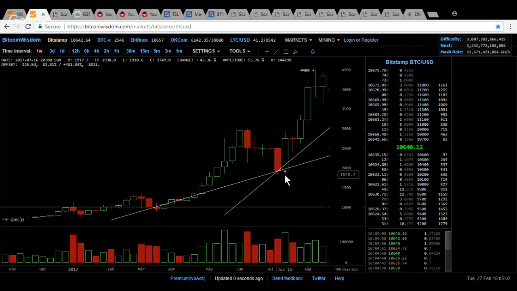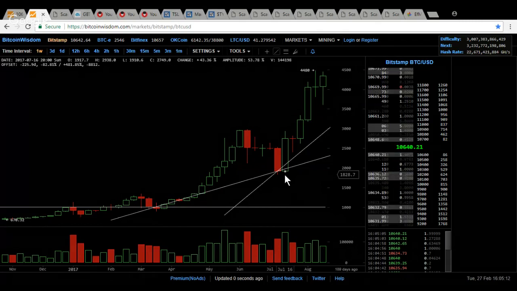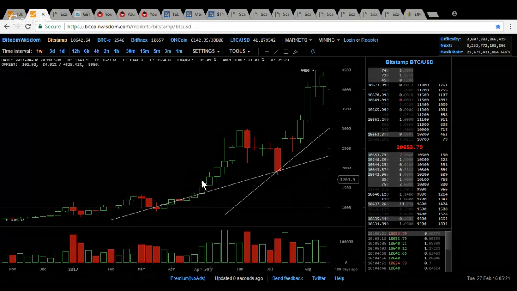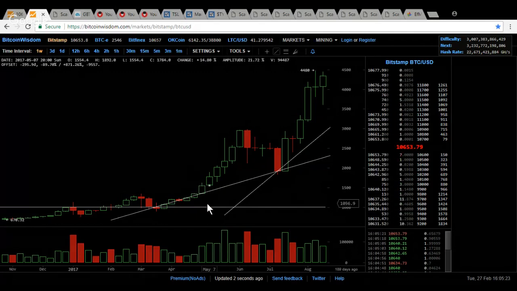And remember, my rule is a phase line is not broken until on a weekly basis you get a close below it. So you will find many examples such as this, and for a brief time, this one, where during the week, Monday, Tuesday, Wednesday, Thursday, you actually are below that line.